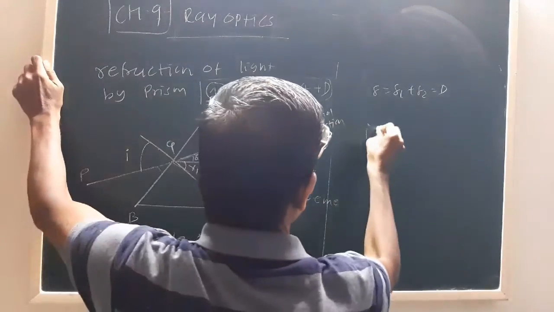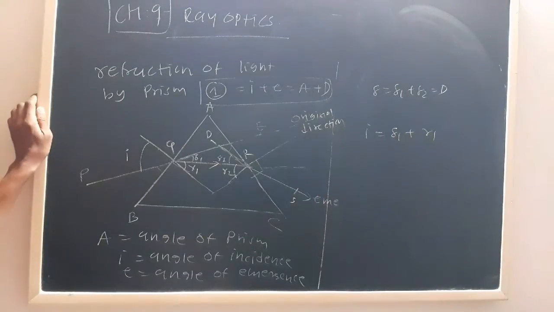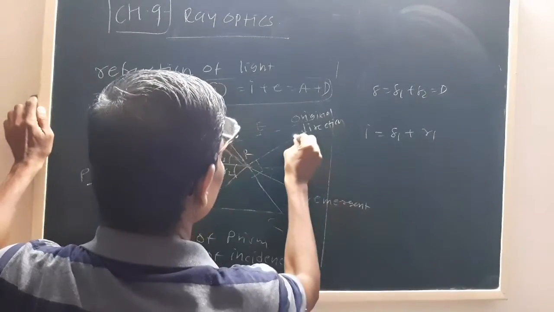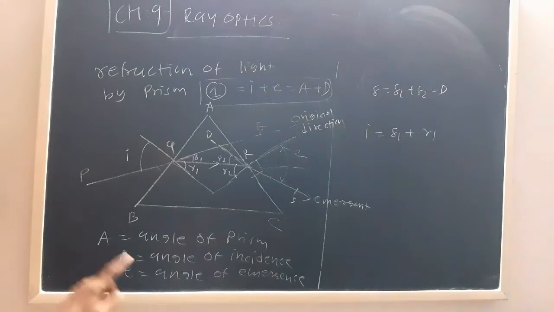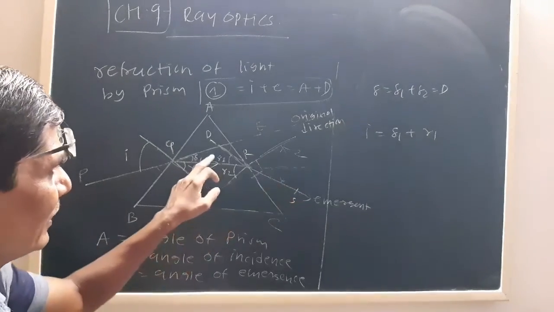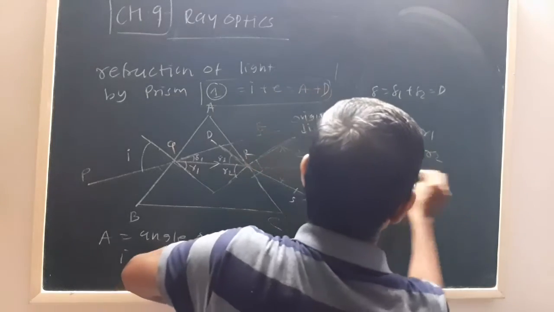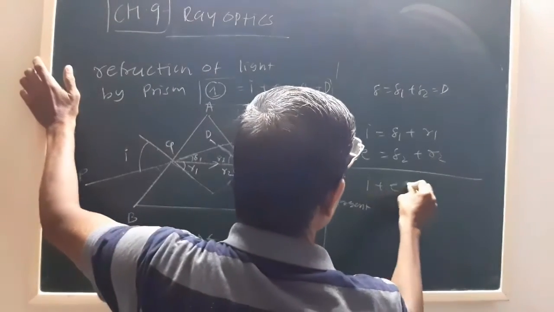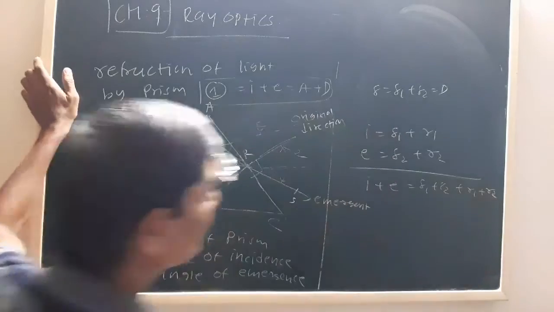So from the geometry, I is equal to delta 1 plus R1. Now the angle made by the emergent ray with the normal is called the angle of emergence. So this angle of emergence E will be equal to delta 2 plus R2. Now if I take the summation of these two, I plus E is equal to delta 1 plus delta 2 plus R1 plus R2.